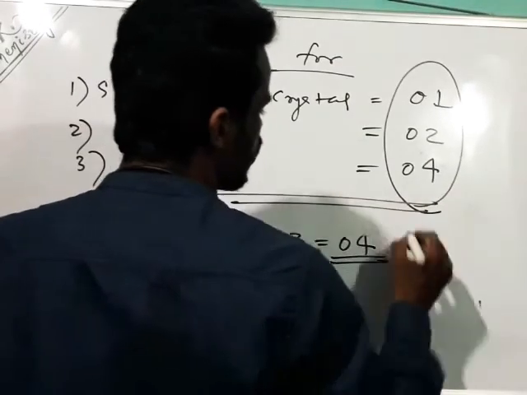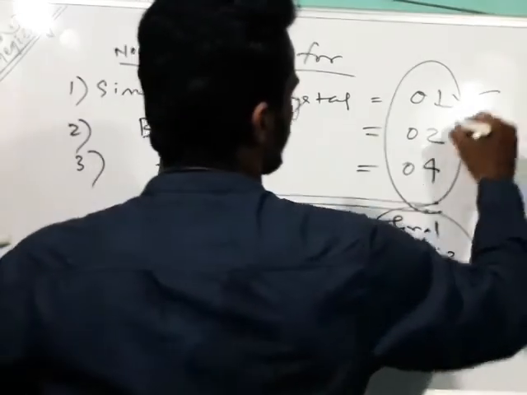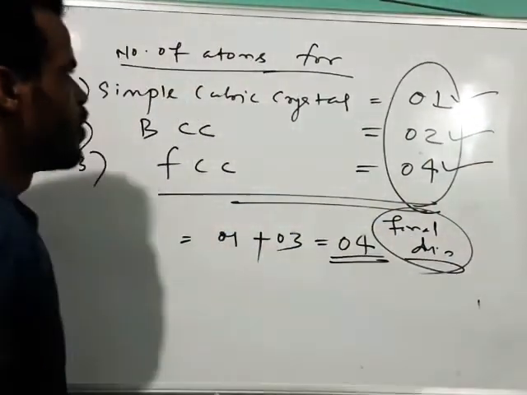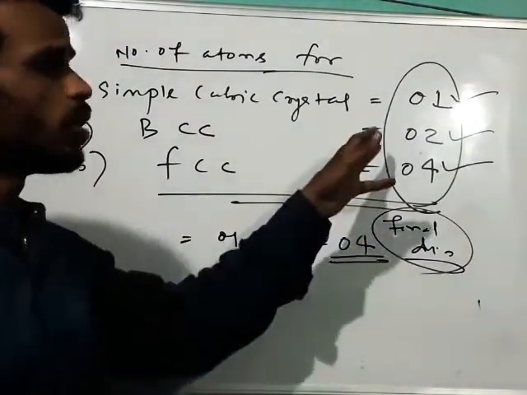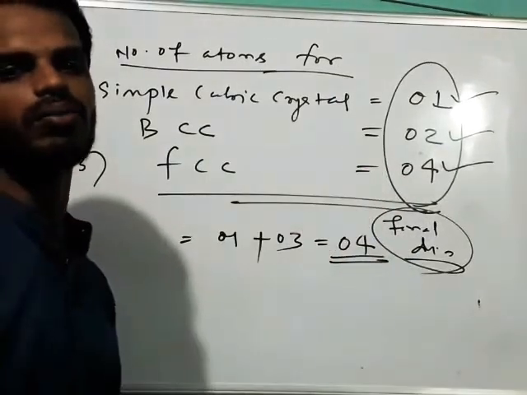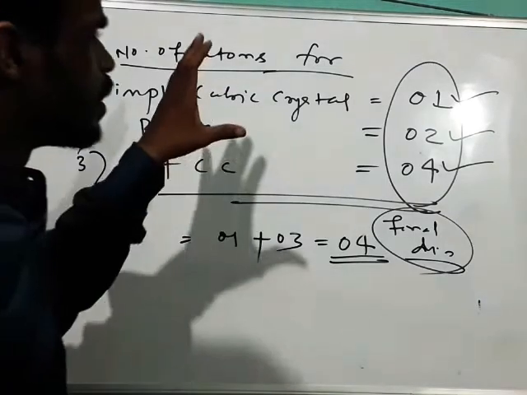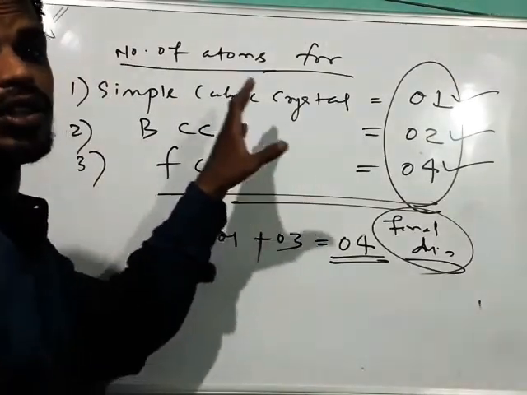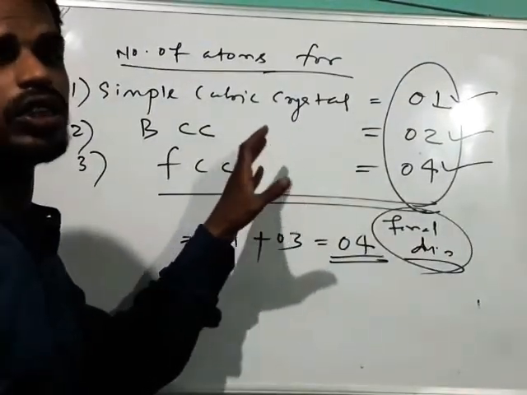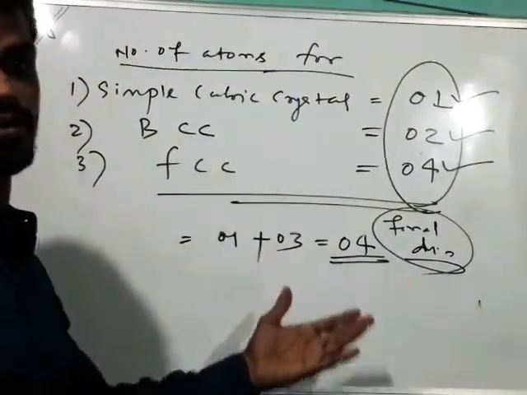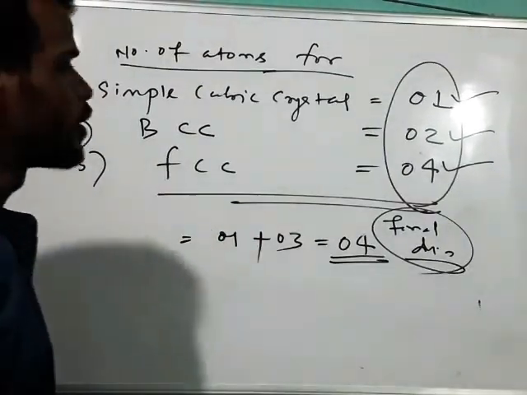This is the final discussion. You have to remember these 3 values: the number of atoms for simple is 1, for body centered is 2, and for face centered is 4. Remember today's topic, that is the 7 types of crystal system and these numbers of atoms and their values. This is most important for the next videos and for your study.